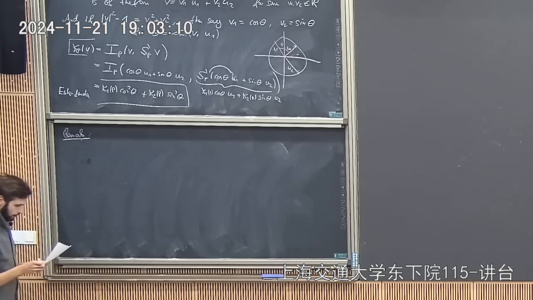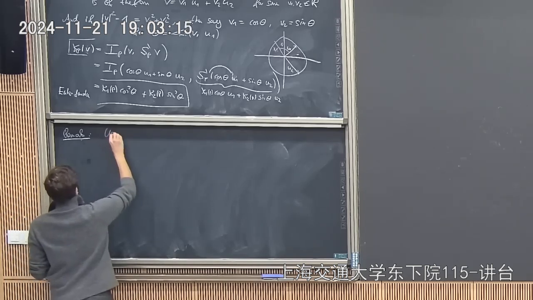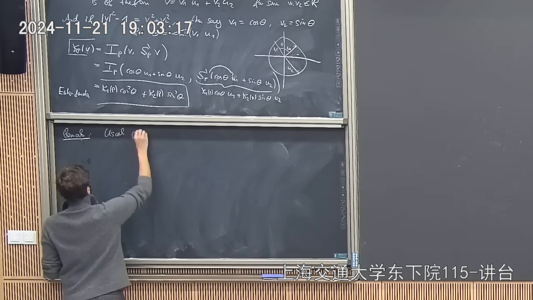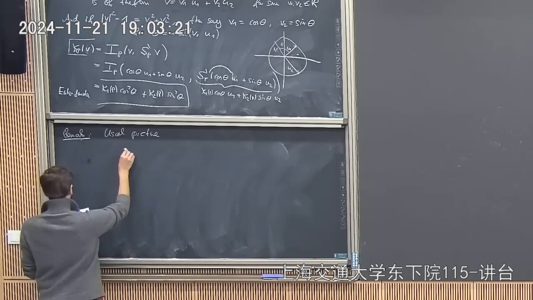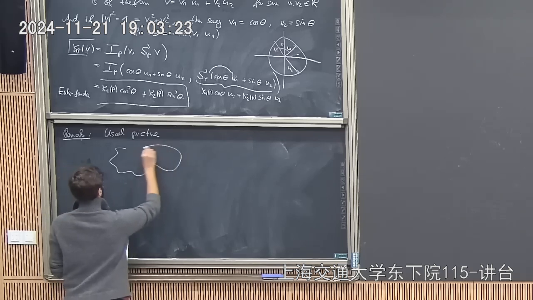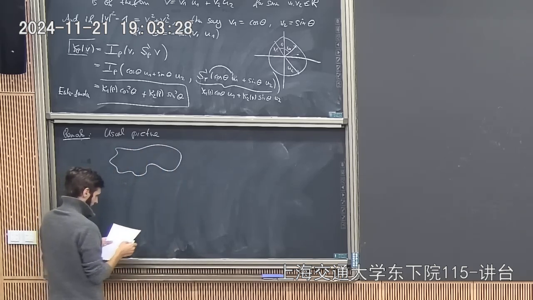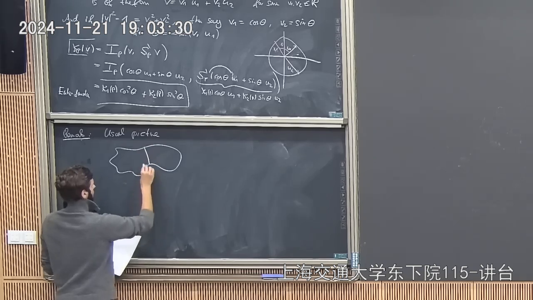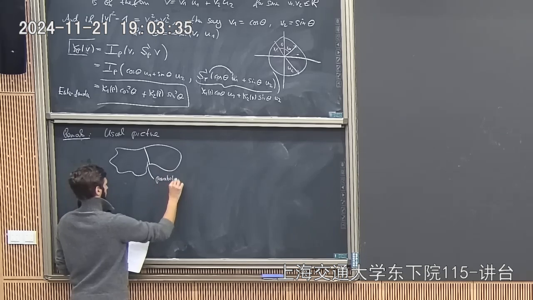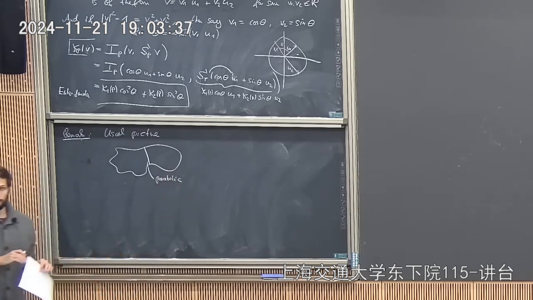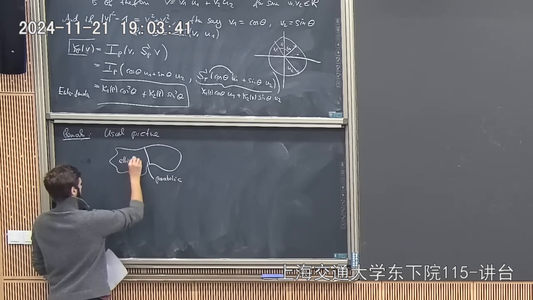Usually, though not always, the usual picture is as follows: if that's our surface, then you have some region where the points are parabolic, and that usually separates elliptic from hyperbolic.